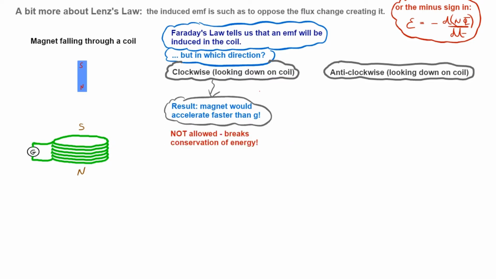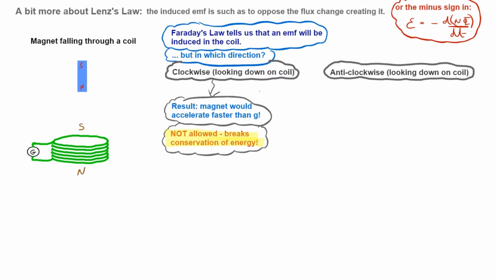It breaks energy conservation. When you drop something normally, it gets its kinetic energy from the gravitational potential energy that's converted. But if it falls faster than g, then there's extra kinetic energy which must come from somewhere else, but there's nowhere for it to come from. So this is quite an interesting fact that Lenz realised. So that can't happen.